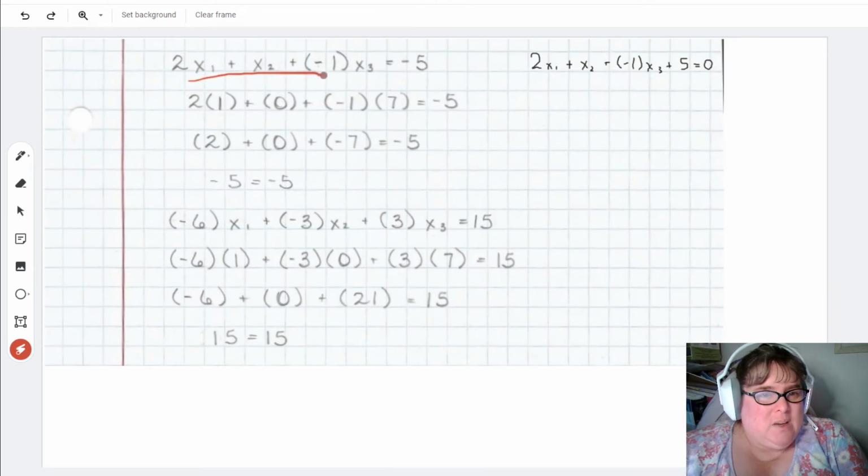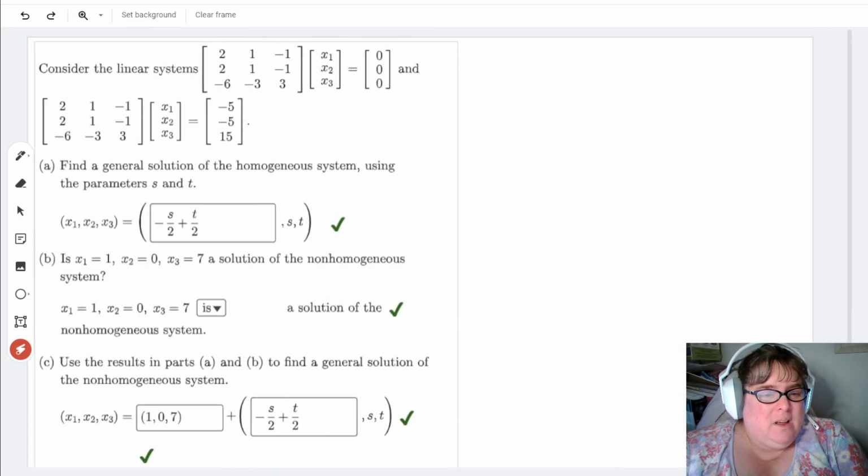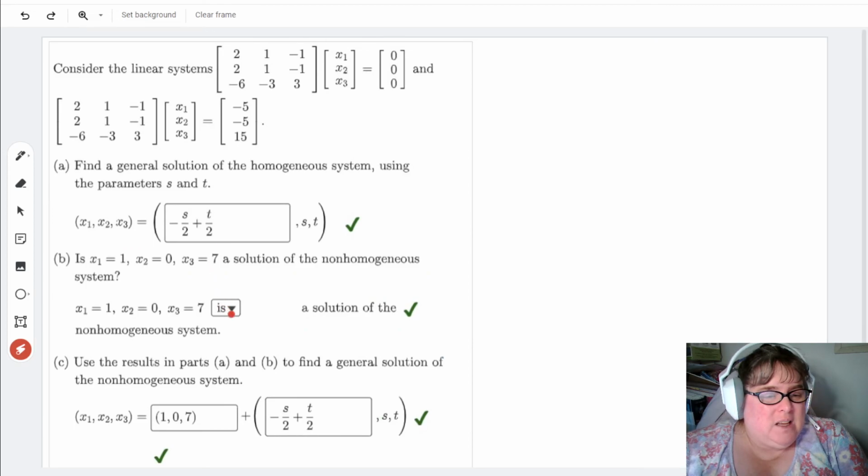We can see when we plug in our numbers, it does in fact equal -5, which is the same as saying that 2x1 plus x2 plus -1 times x3 plus 5 is equal to 0, which means that it is a solution to the system.